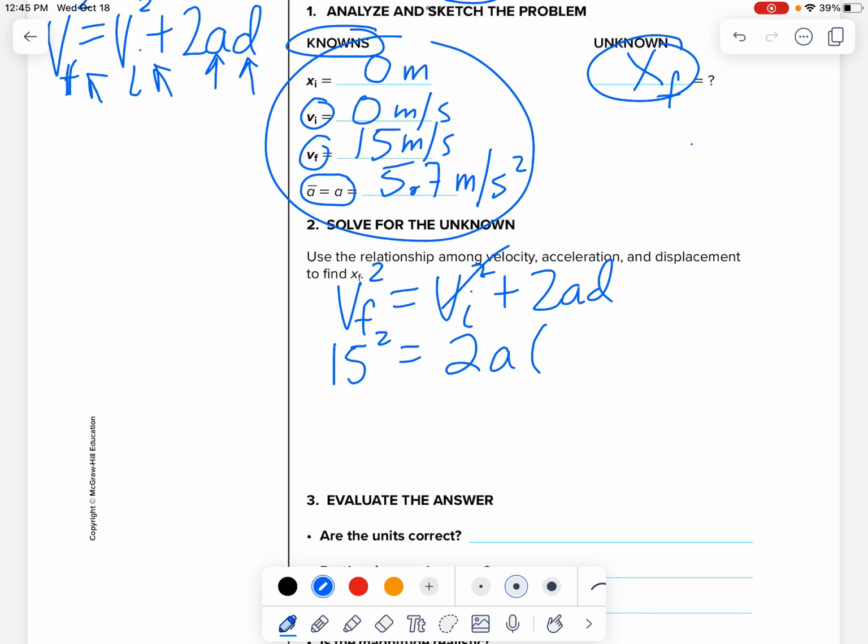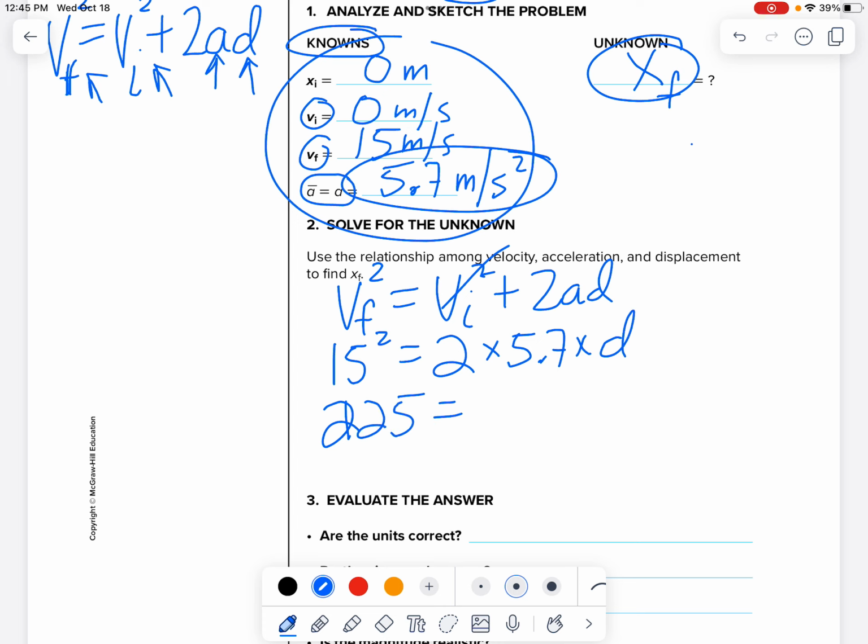Oops, I back up here. I know the a. Sorry about that. 2 times the a, which is 5.7, times the d, which I do not know. So I'm going to have 2 times 5.7. 15 squared is 225 equals, and 2 times 5.7 is going to be 11.4, and then you divide by 11.4.